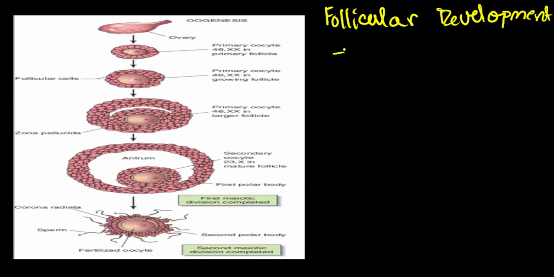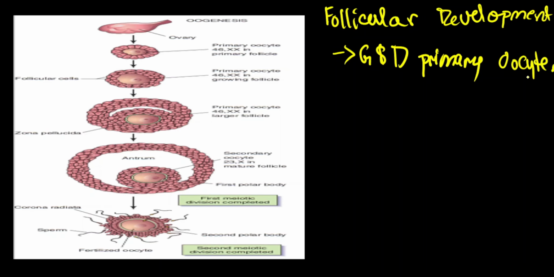The first process is the growth and differentiation of the primary oocyte. Okay, so growth and development of the primary oocyte. This is the first step in the follicular development stage.